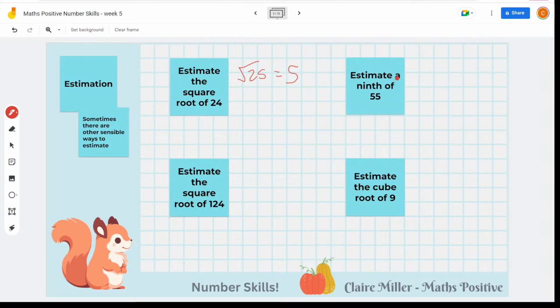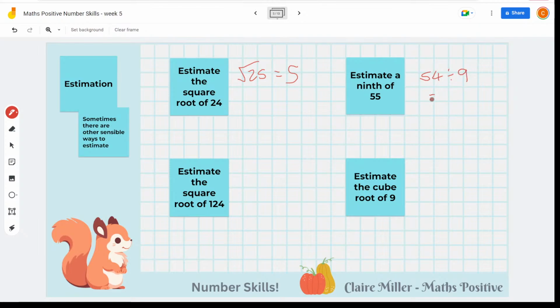Okay. What about this one? Can you think of a way you might estimate a ninth of 55? What would it be sensible to round 55 to? So to one significant figure, 55 would turn into 60, wouldn't it? But a ninth of 60 is probably not that much easier than a ninth of 55. So how about I round it to 54? Because 54 is in the 9 times table, so I can easily divide it by 9 to find a ninth.